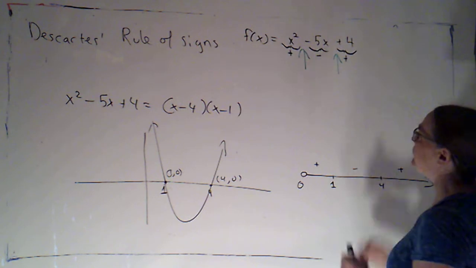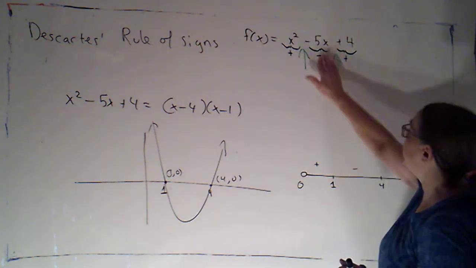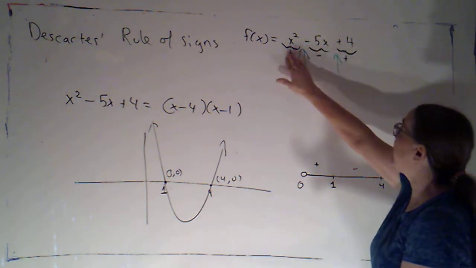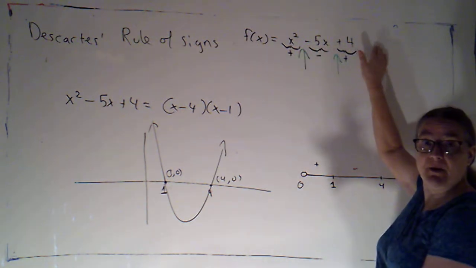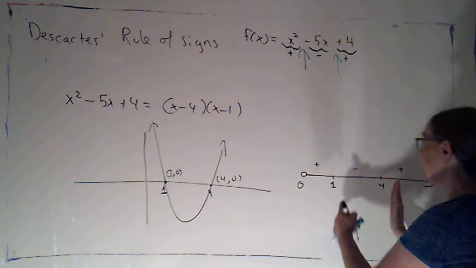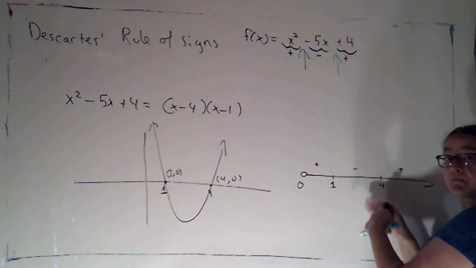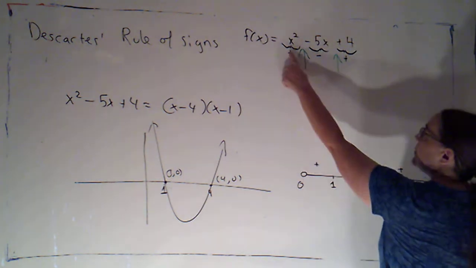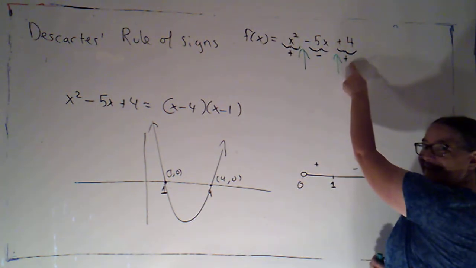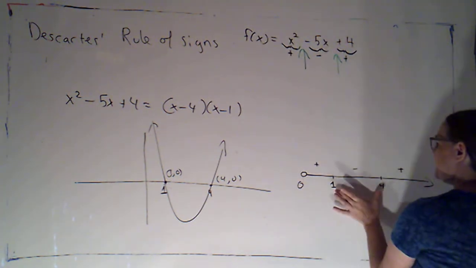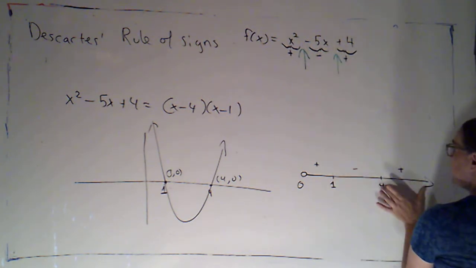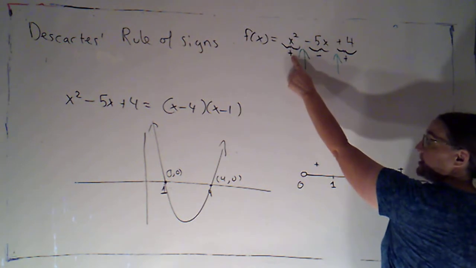Why is it negative? Well, the only way it could be negative is if this negative term has a bigger absolute value than these two positive terms combined. Okay. And that's going to happen between 1 and 4. So essentially, there's this interval where this guy is the dominant term, there's this interval where this is the dominant term, and there's this interval where this is the dominant term.